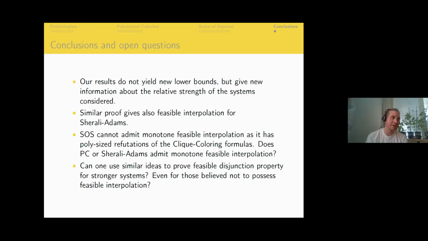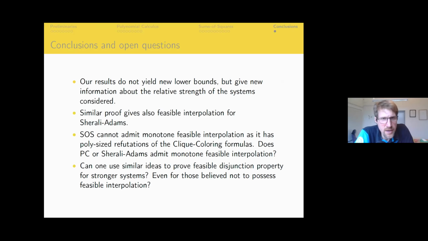So I guess my favorite question related to this is the last one, whether one can actually prove, or maybe even disprove, the feasible disjunction property using semantic arguments. I'm not quite sure about this.